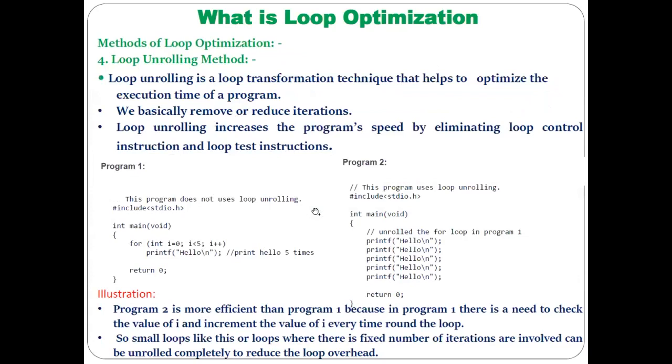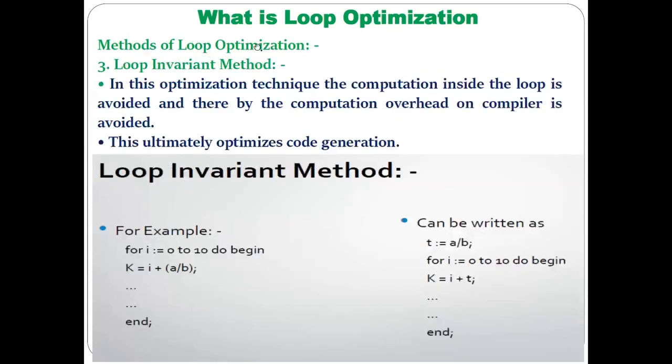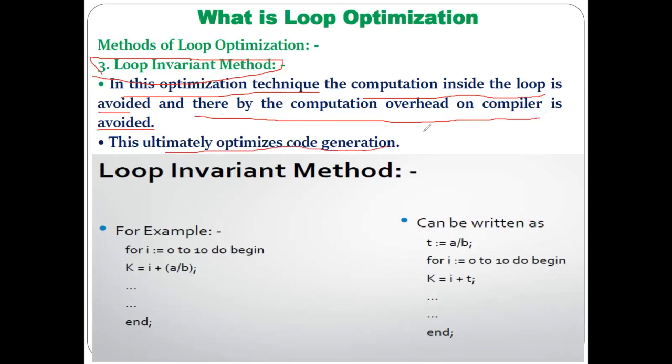Then the next important technique we have is the loop invariant method. Next loop optimization technique, loop invariant method. Now in this optimization technique, the computation inside the loop is avoided, and thereby the computation overhead on the compiler is avoided. This ultimately optimizes the code generation.